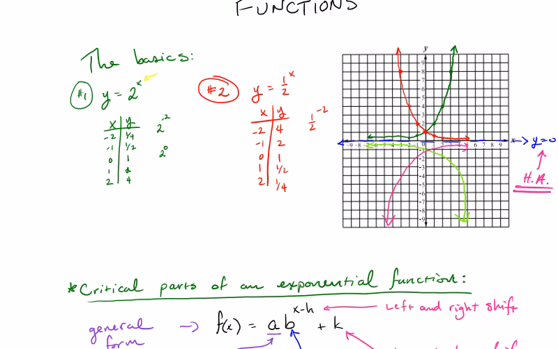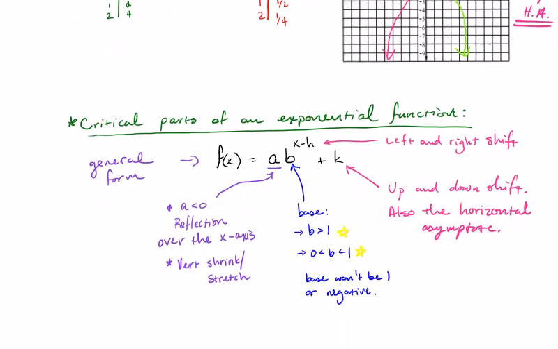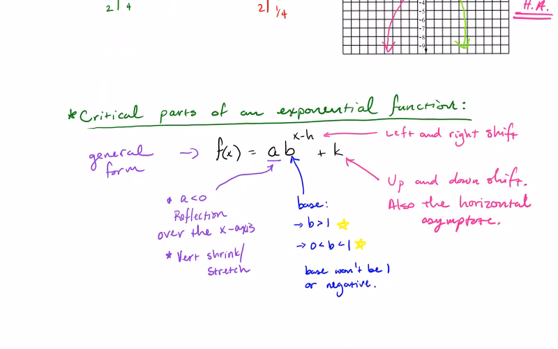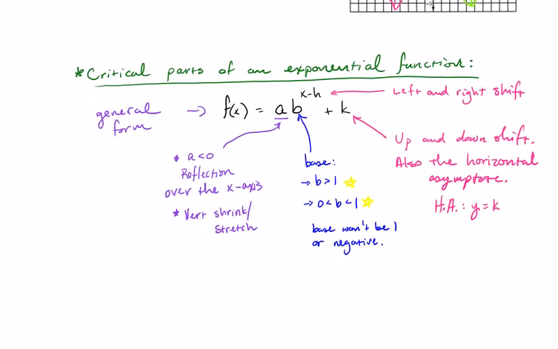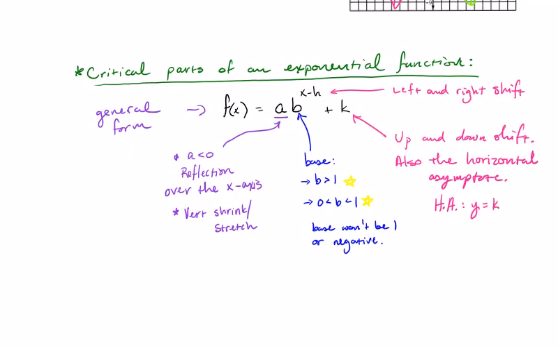However, if it's shifted up or down, that function will now have a horizontal asymptote at the shift. And so this will also be the horizontal asymptote. So you can think of this as the horizontal asymptote is always at y equals k. So if there's no shift, then it's at y equals 0. But if there's a shift, then it's going to be at y equals k. Alright?